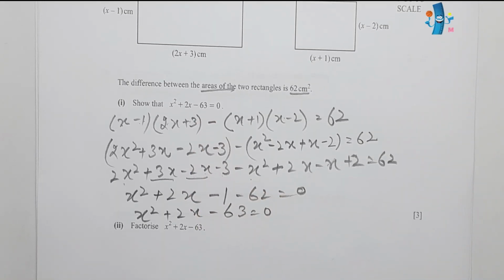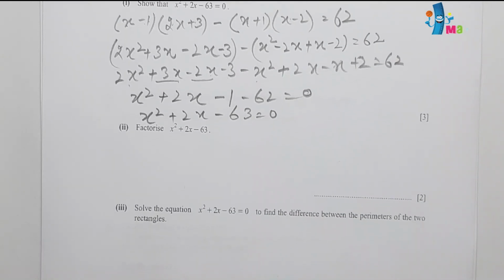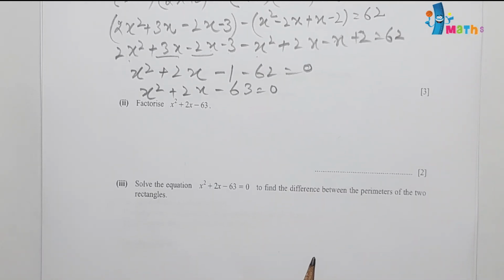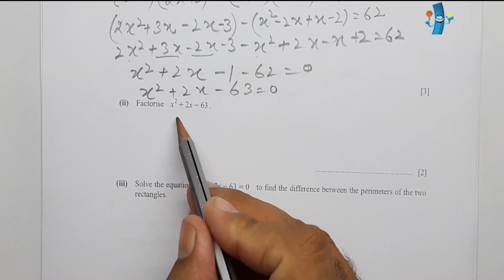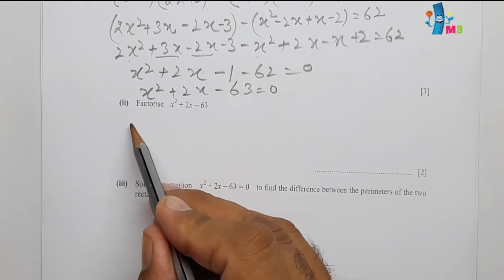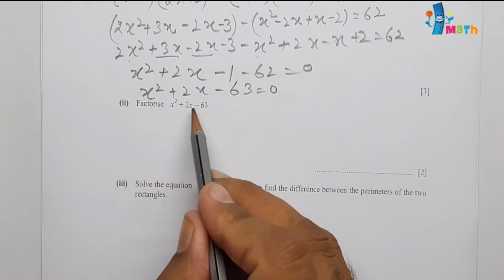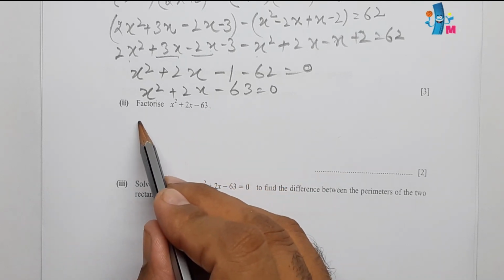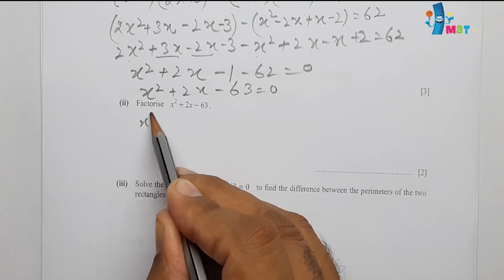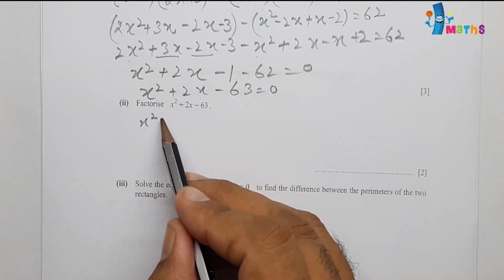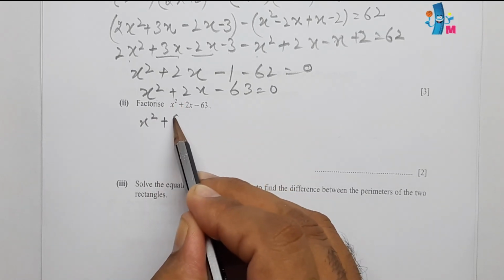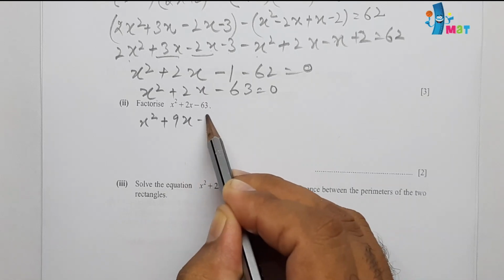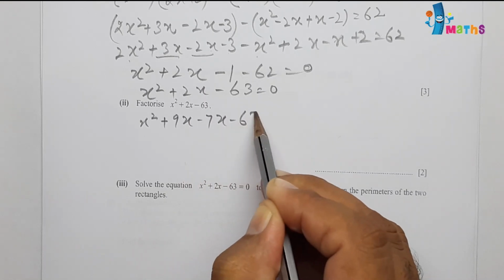equation. And part B, they are asking for factorization of the given equation. So what we can do, we can factorize: 7 nines are 63, so x squared plus 9x minus 7x minus 63.